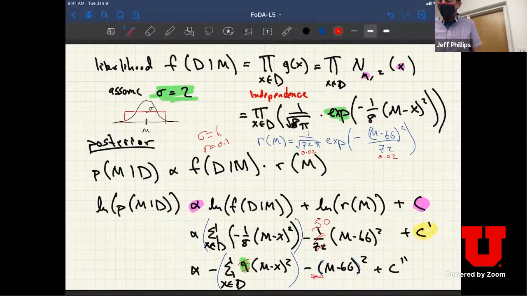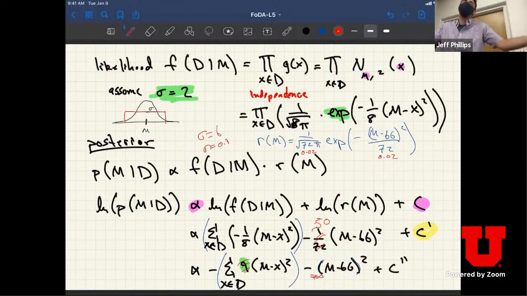So it's just going to be a weight on the xi's times 9 if I use the original weighting, and the 66 gets a weight of 1. Or if I use the second weighting I talked about, where the standard deviation went down to 0.01 for the prior, well then all the data points get a weight of 1, and the prior value 66 gets a weight of 400.